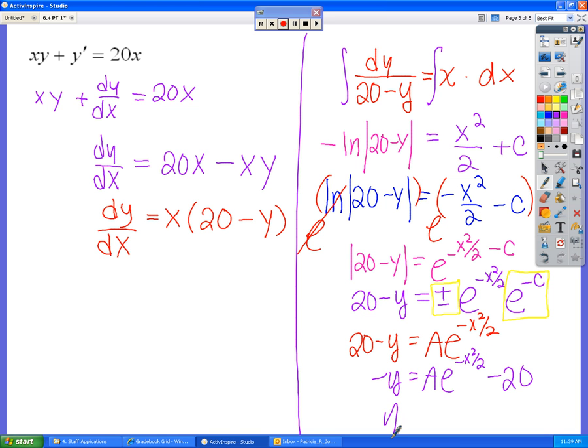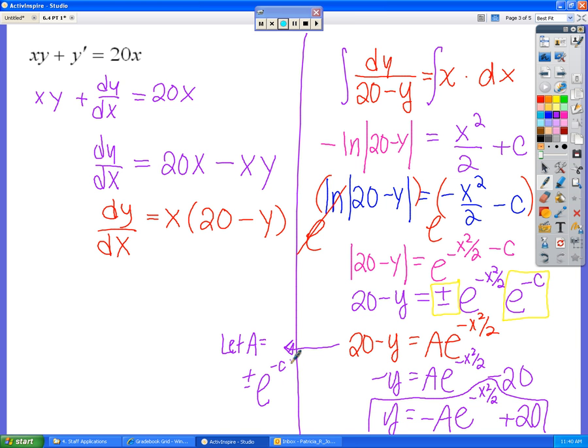And then y is equal to negative a e to the -x squared over 2 plus 20. So that process of using the a, here I let a equal plus or minus e to the -c. And I can do that because plus or minus e to the -c is a constant.